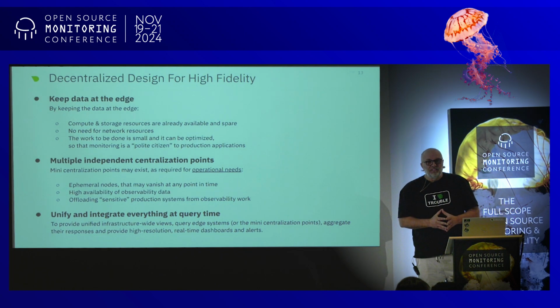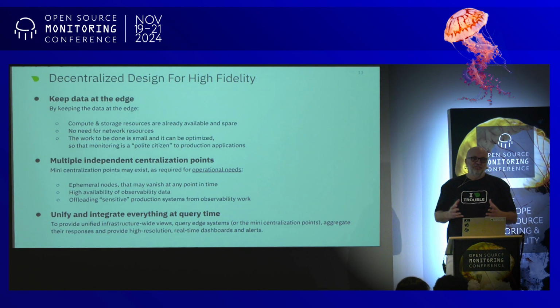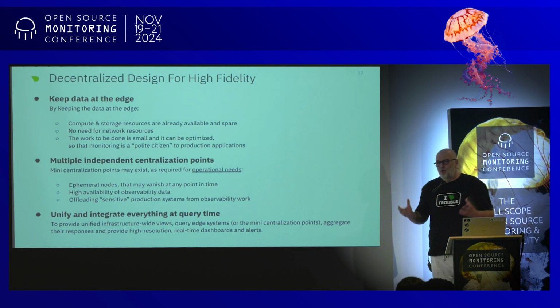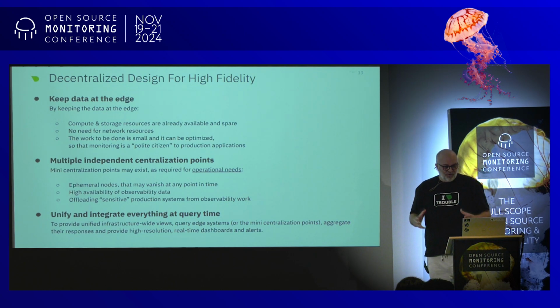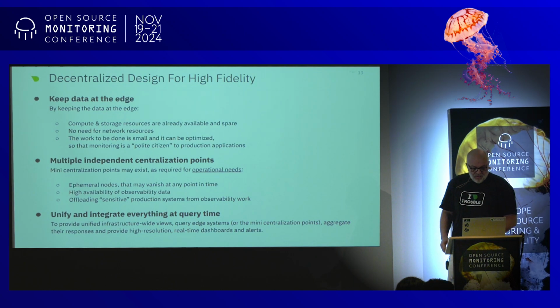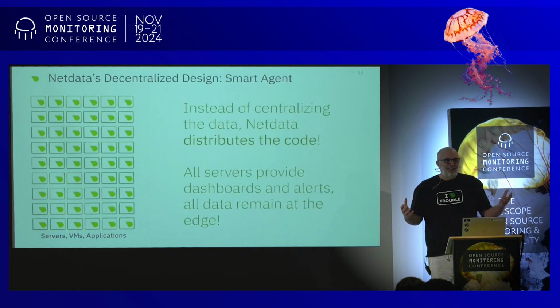The next thing that we did, mainly because you may have ephemeral nodes, nodes that may vanish at any given point, is that we allowed centralizing data, but this time you can have as many little centralization points as you need. So it looks like this. You install Netdata on all your infrastructure.